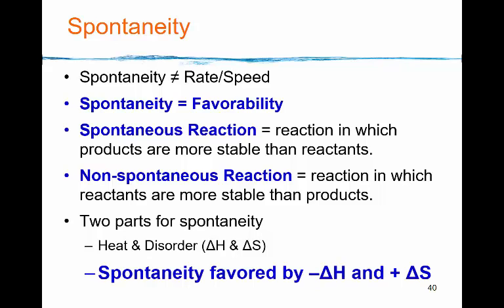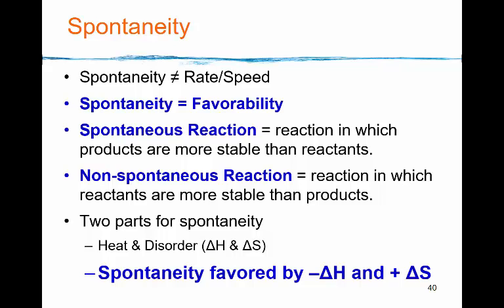There are two parts for spontaneity as far as whether a reaction is going to be spontaneous or not: heat and disorder. So we've already looked at the enthalpy, the delta H. The other is entropy, and entropy is randomness or disorder.